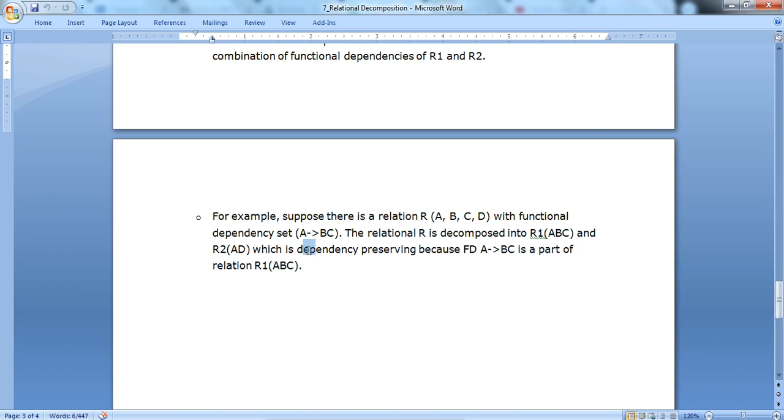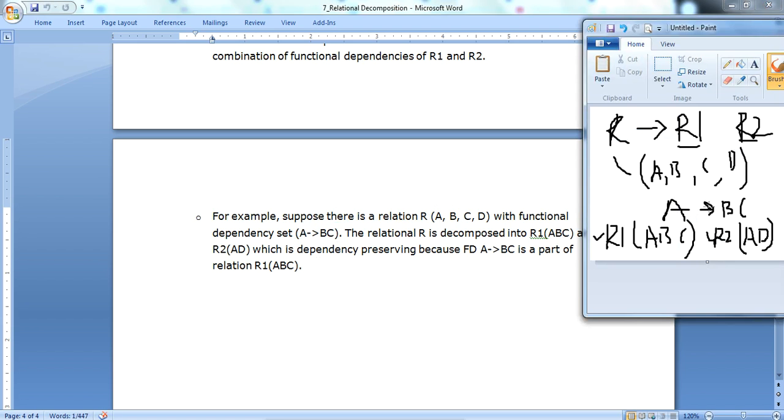Now the dependency is preserved because ABC is a part of the relation R1. If we check the original relation, ABC is a part of R1.